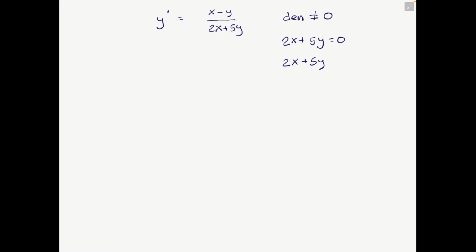And so that would be for 2x plus 5y less than 0, and 2x plus 5y greater than 0. And this is where we have a solution. It's the region where a unique solution exists.